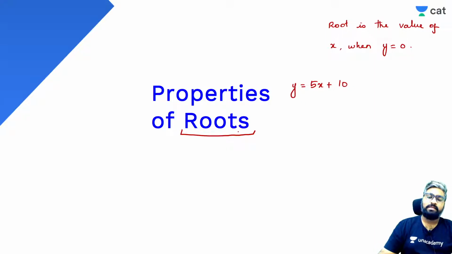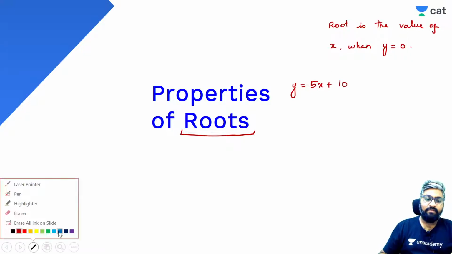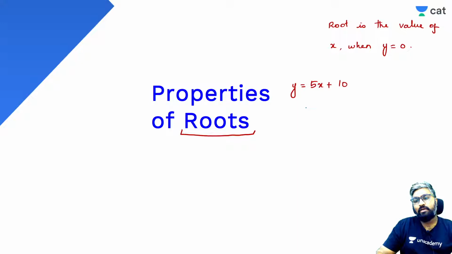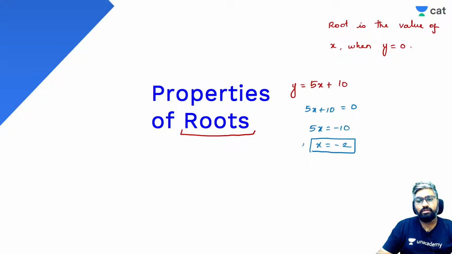So when I equate this to 0, when I say 5x plus 10 is equal to 0, when y is equal to 0, the value of x, that is minus 2, this is called a root.